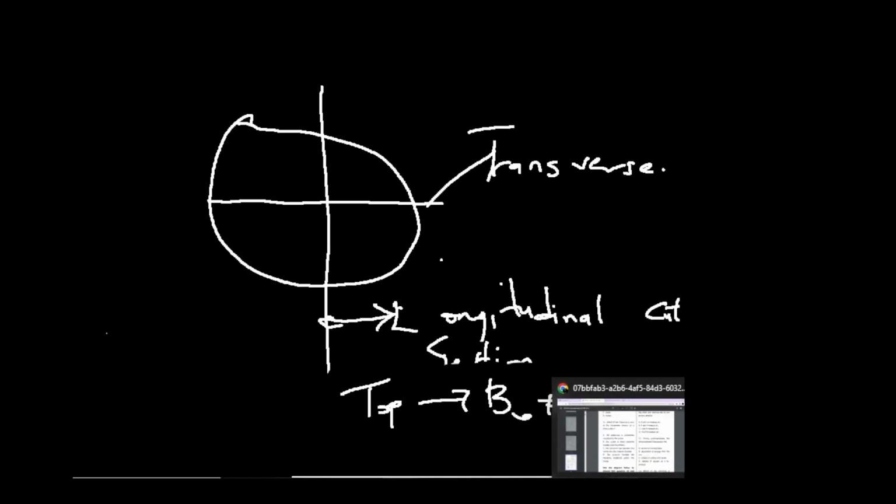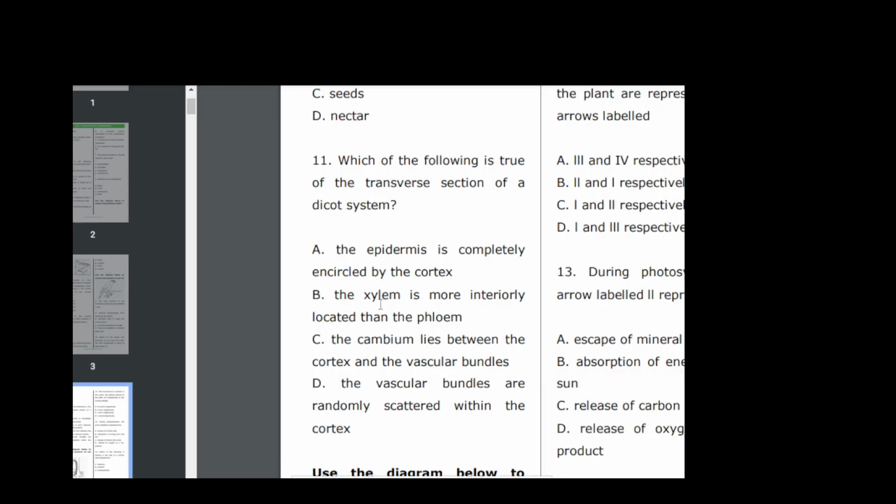Now, when we have this transverse cut, we have the structure of the cell. The epidermis is completely encircled by the cortex. That is natural. But the particular answer to this question, which of the following is true of the transverse section of a dicot system? In the dicot system, we have the xylem more exteriorly located than the phloem.